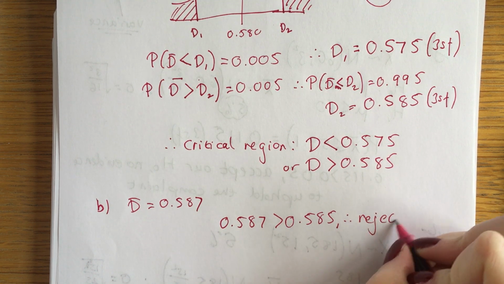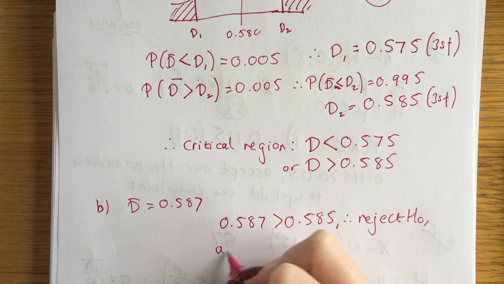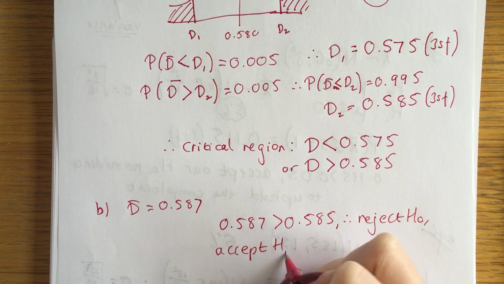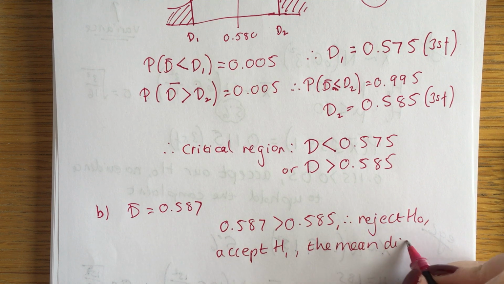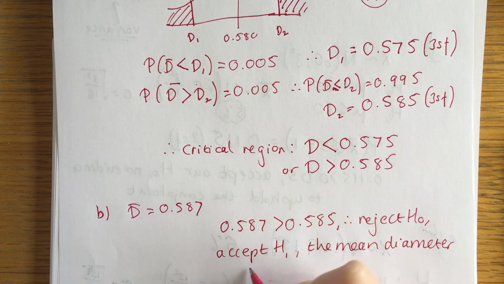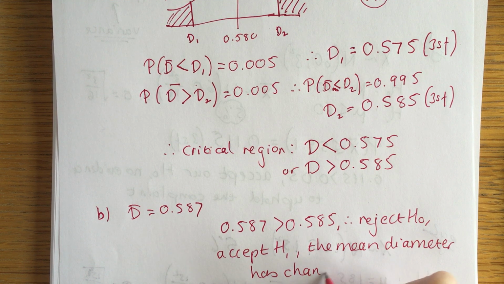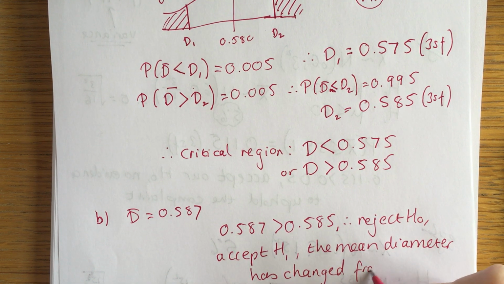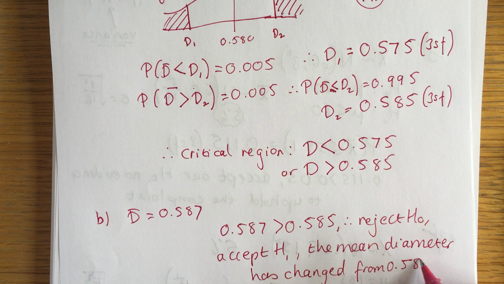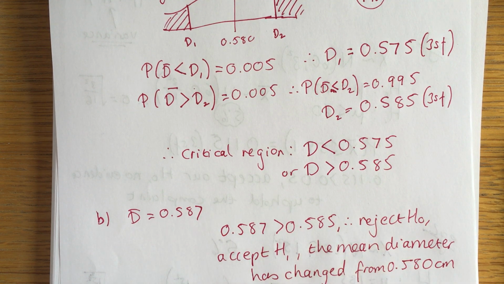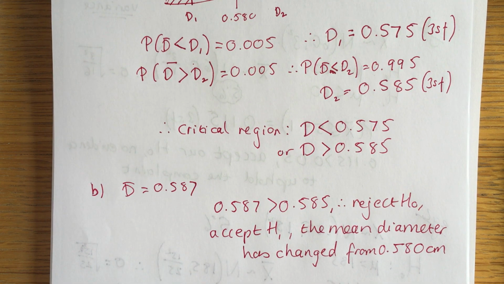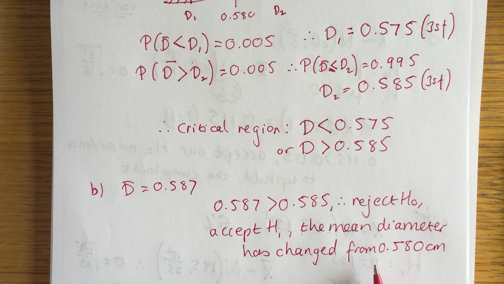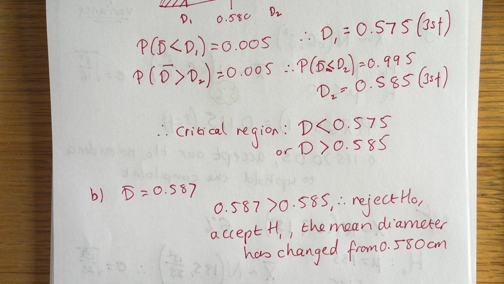So therefore, I'm going to reject my null hypothesis and accept my alternate and say the mean diameter has changed from 0.580 centimetres. It's within our critical region, so it must have changed from 0.580. So we reject the null and accept the alternate.